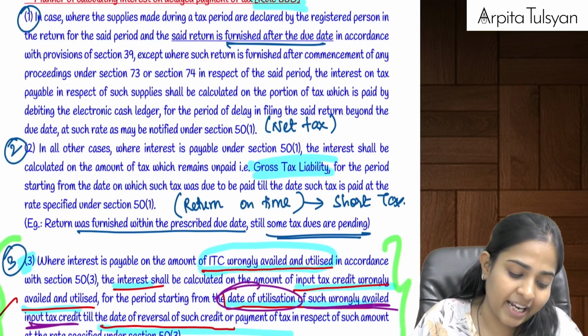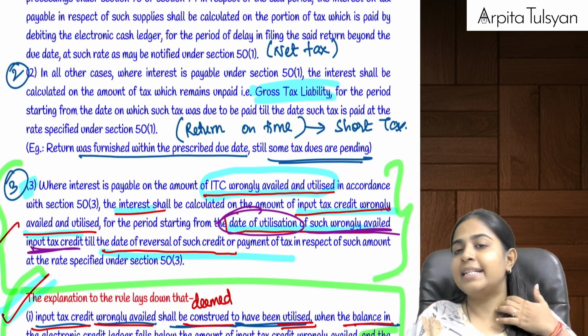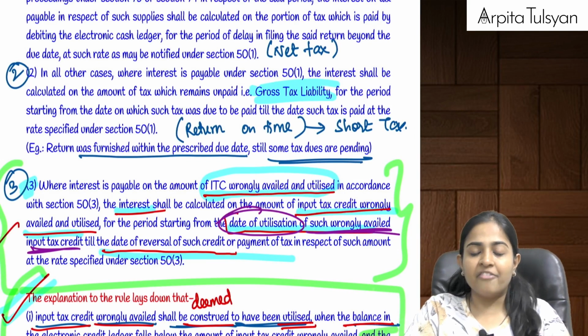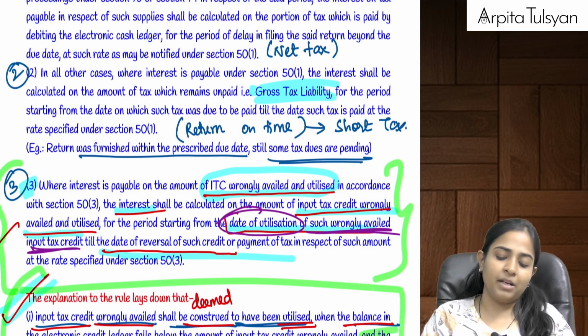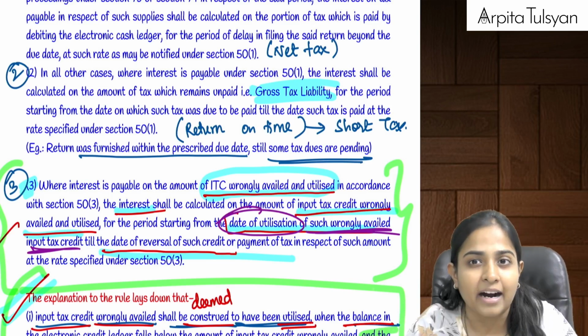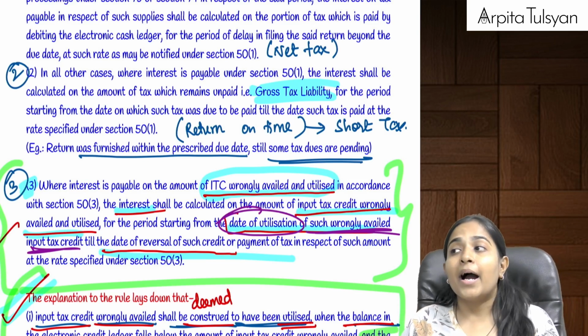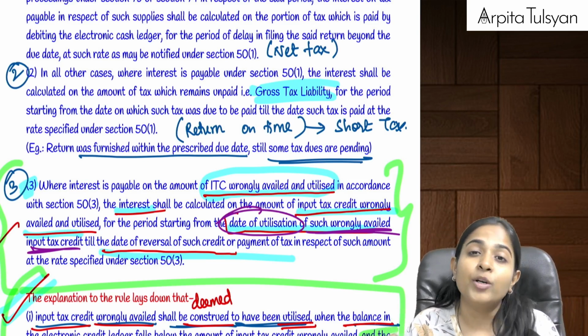And the last case is when we have availed any ITC, any input tax credit, wrongly and we have utilized it.